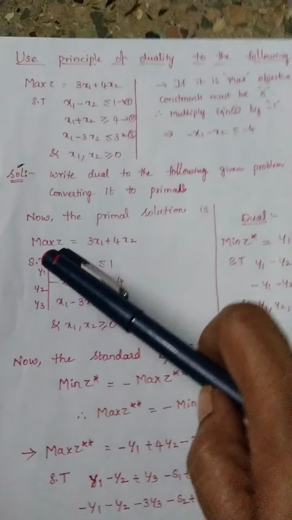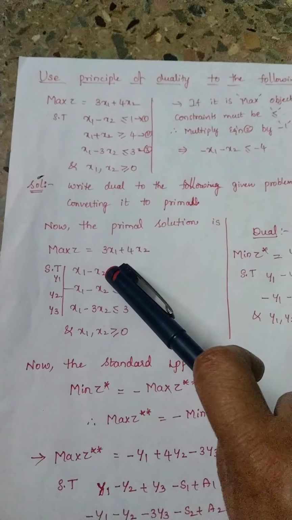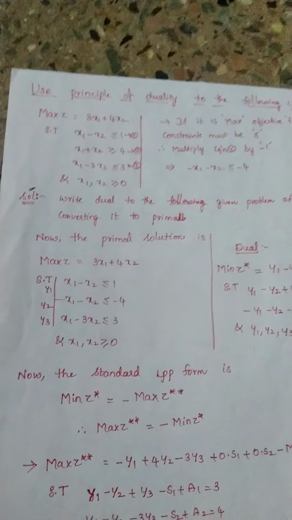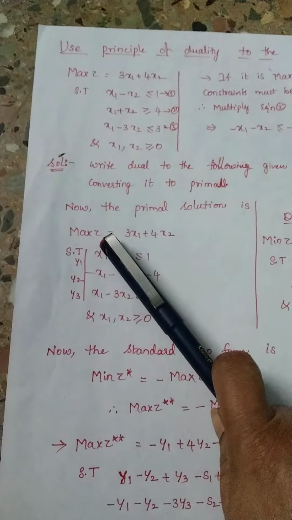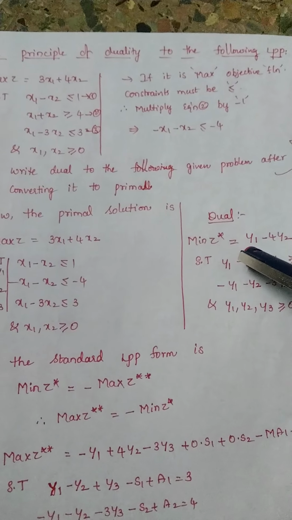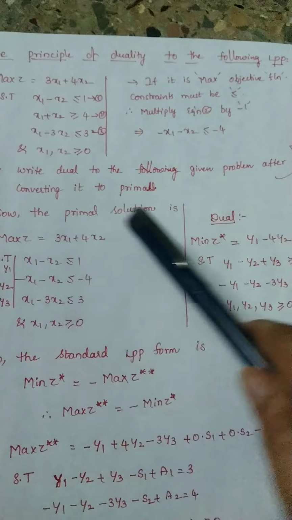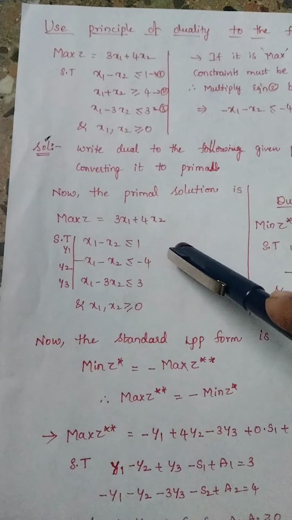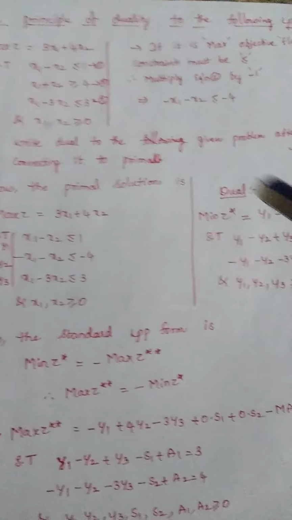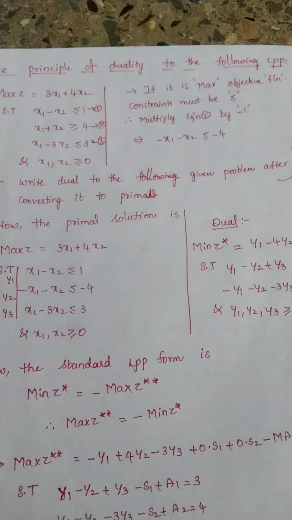See here. For the dual, we have a concept: we change the maximum objective function z to minimum z star. Here it is maximum in the primal, here it will be minimum in the dual. Here it is z, here it is z star. Here you have the variables x1 and x2. Here you will have the variables y's, that is y1, y2, y3.